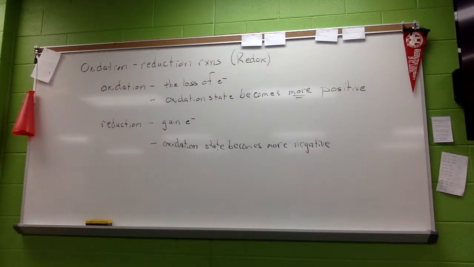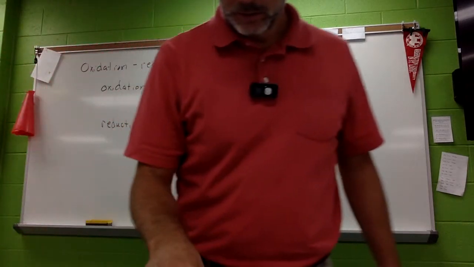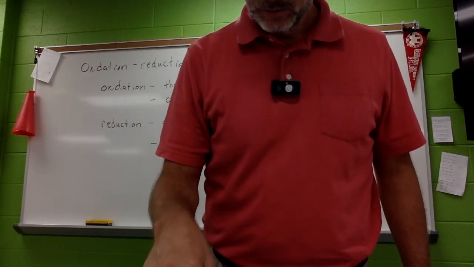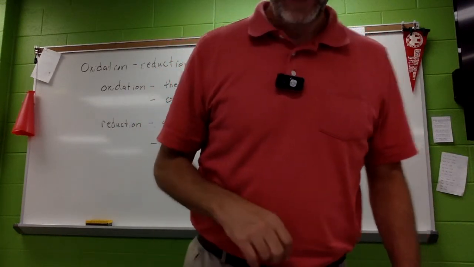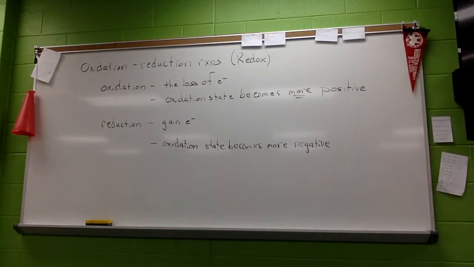Thirdly, and we've used these first 3 rules to help us name and write chemical formulas up to this point in your lives, the sum of the oxidation states in a compound is equal to 0, and if it's an ion, it's equal to the charge on the ion. Those two ideas right there are going to help us out a lot.